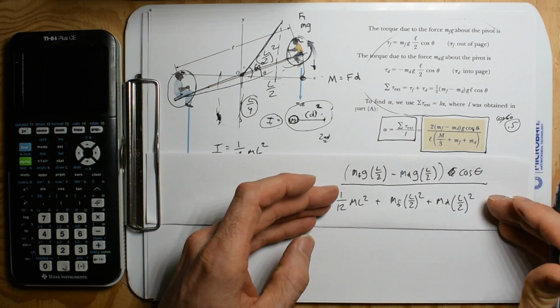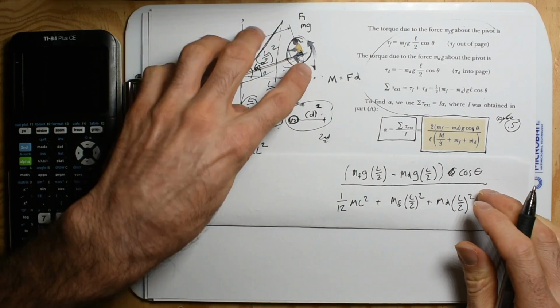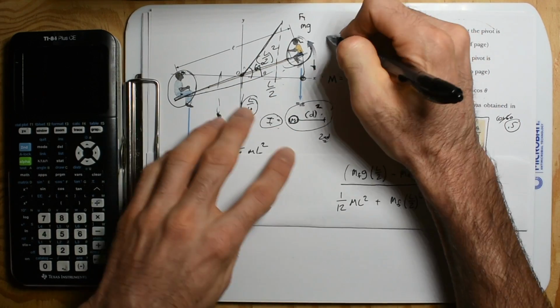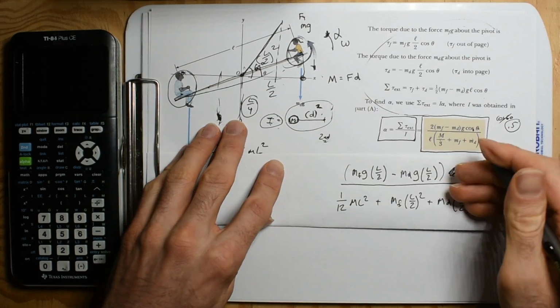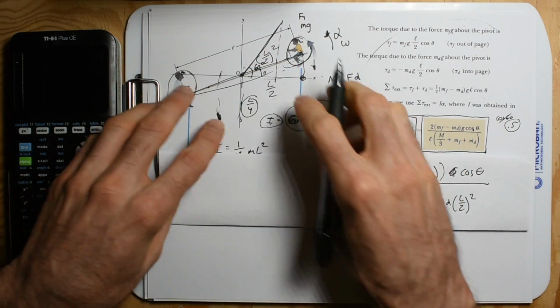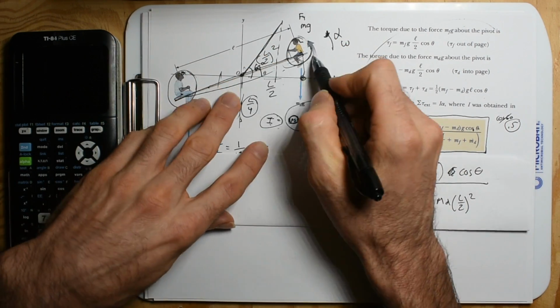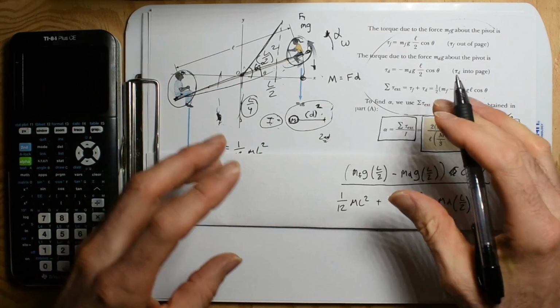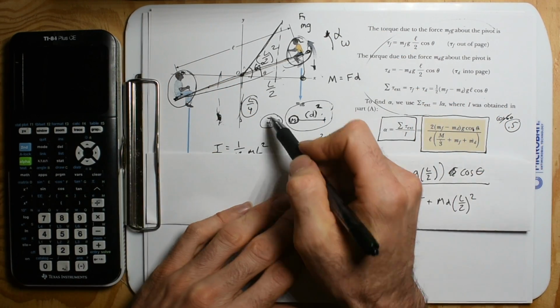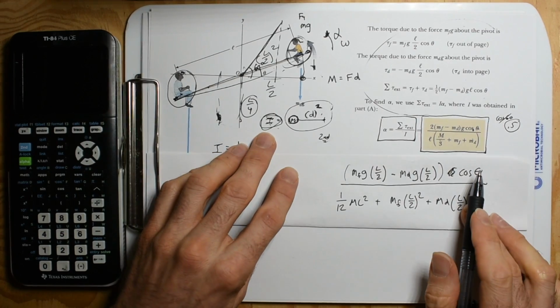For the moment of inertia, you have to add up all the moments of inertia, because we have motion, alpha or omega. That means every molecule of mass is moving, and the molecules on the perimeter are moving faster, and all that is accounted for with this second moment of mass term.